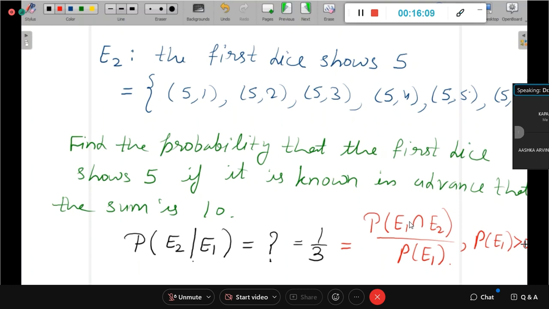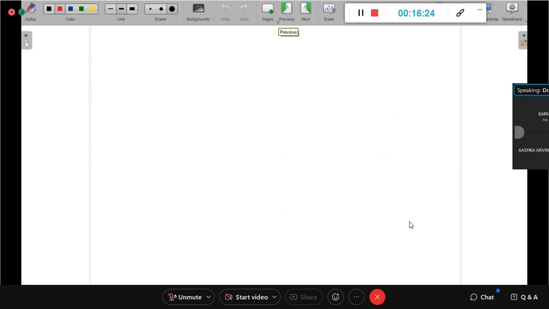Now, this is the mathematical definition of conditional probability. So let me write down the definition of conditional probability.